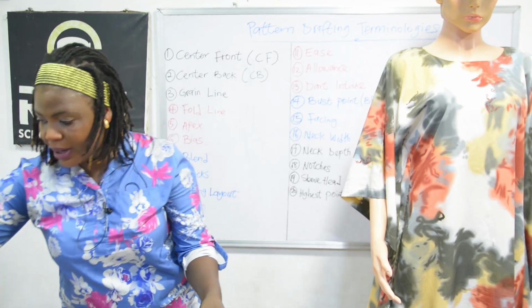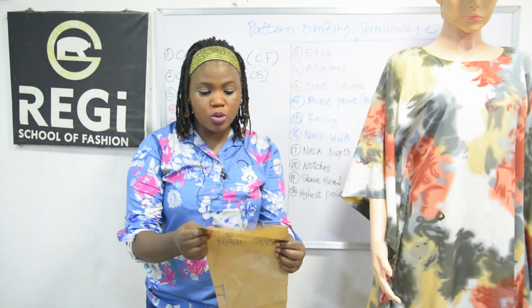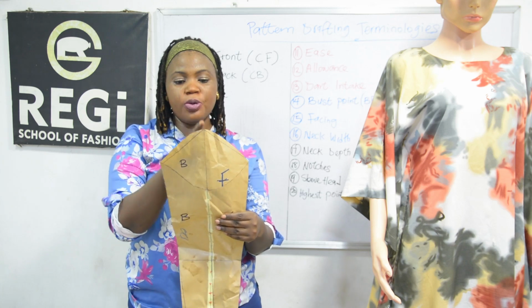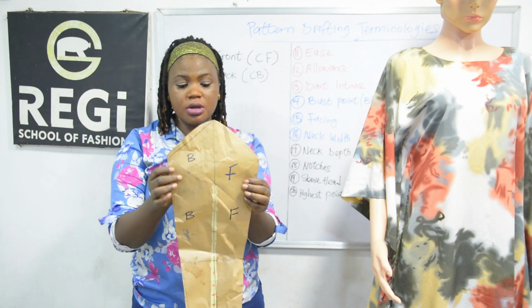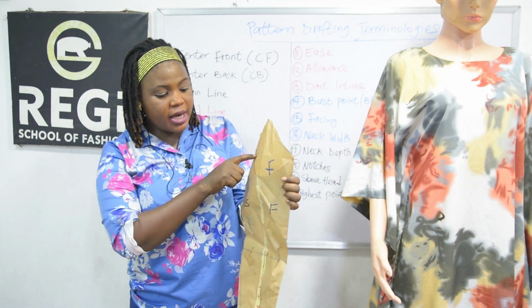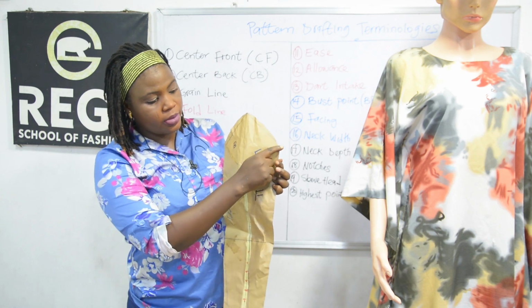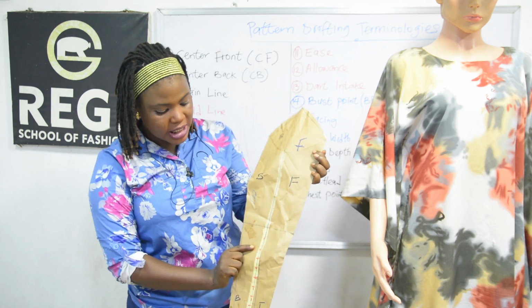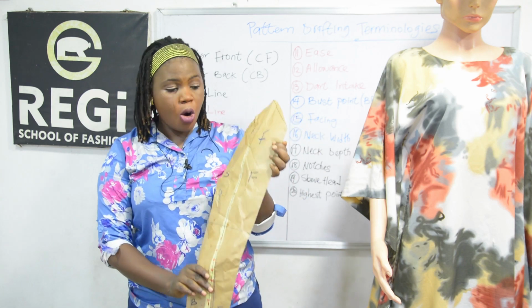The same thing is applied on the two-piece sleeve as well. You can see this point is higher, and this is very obvious. You can see the shape I have. Here, this is the underarm and this is the upper arm. So I have the under sleeve and I have the upper sleeve.